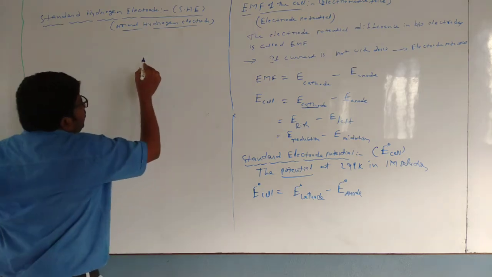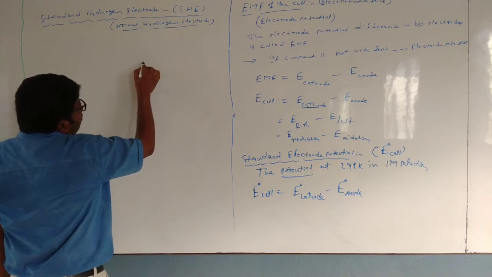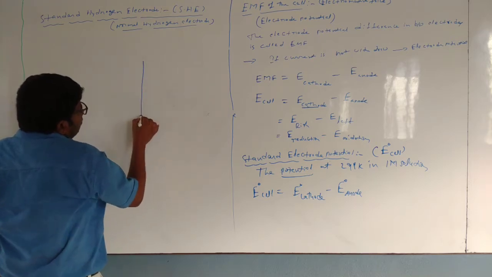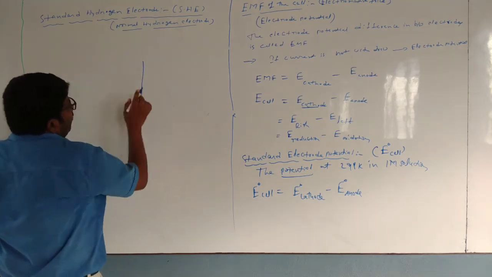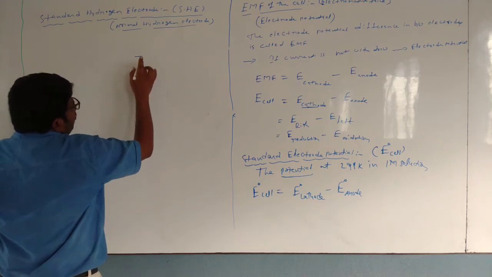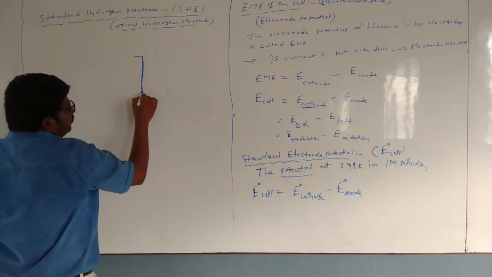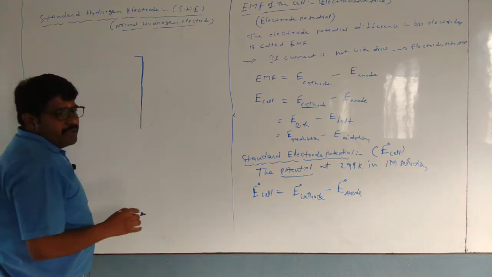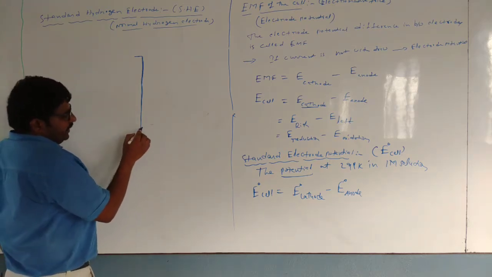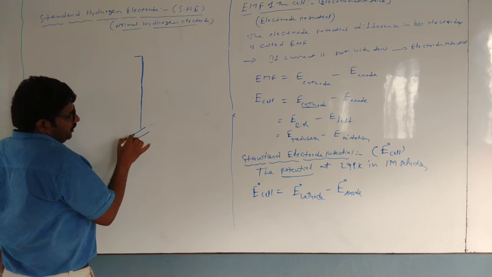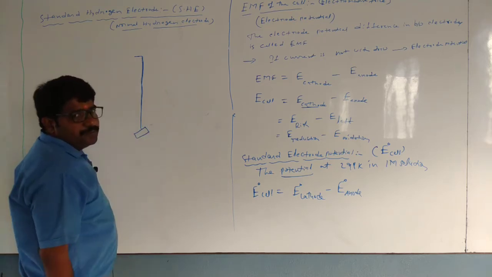So, for example, if you draw the diagram roughly, this is a platinum wire. This platinum wire at one end is connected with the platinum foil.